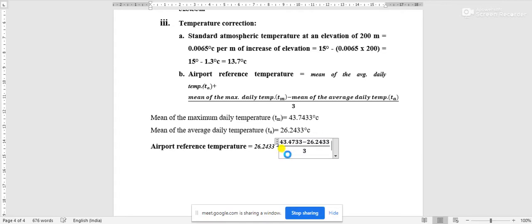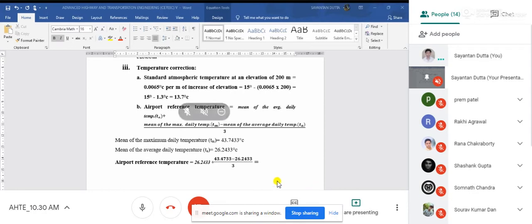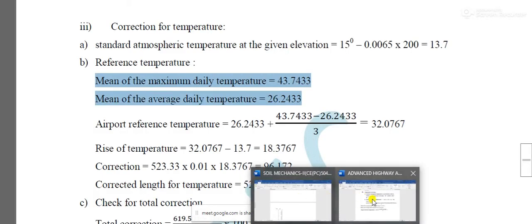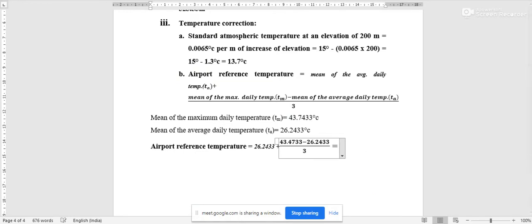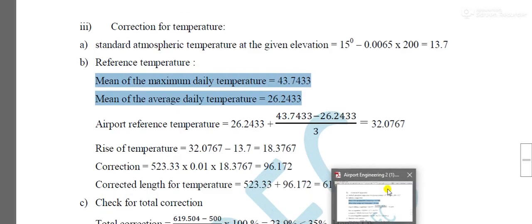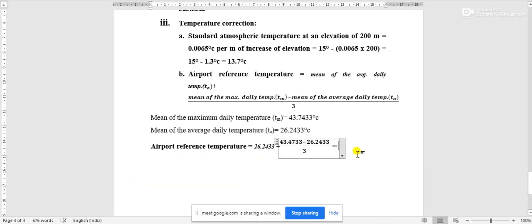Now you may calculate the value yourself, and you may get 32.0676.